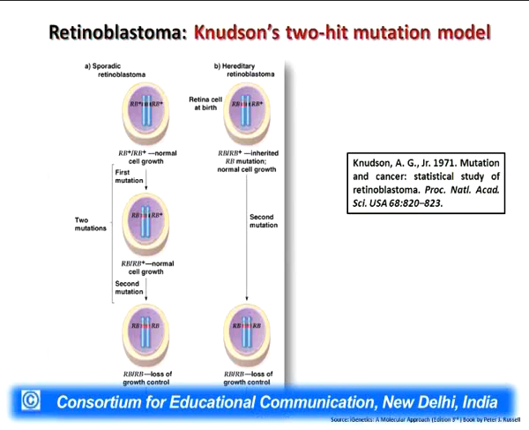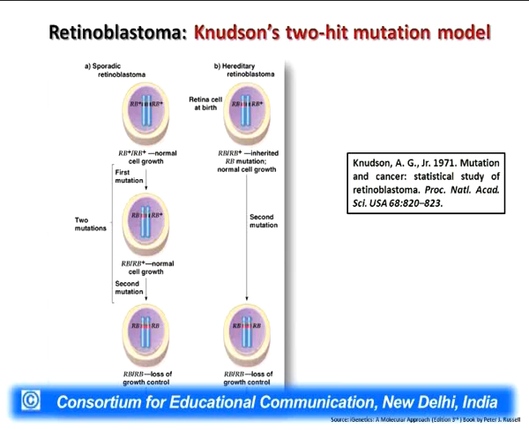So now let me take up how exactly this retinoblastoma occurs. The retinoblastoma genes are a major part of the tumor suppressor genes, so they play an important role in the cell cycle checkpoints. So what happens in these types of cancer is that these cell cycle checkpoints are released. There are two types of retinoblastoma: one is called sporadic retinoblastoma, another is called hereditary retinoblastoma.